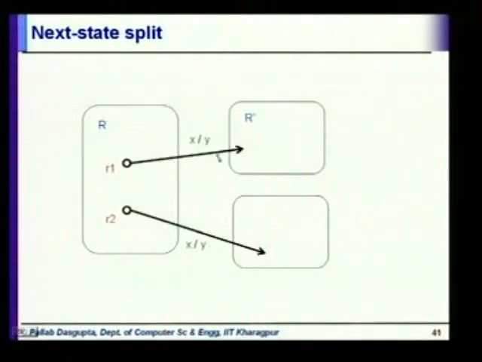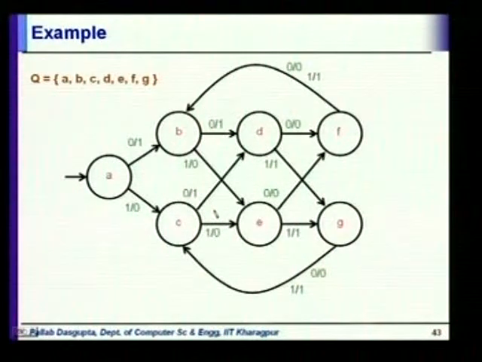So like this goes to this one, does not go to this one, so we are going to split this one up like this, right. So this is the algorithm that is used for state minimization, right. Now this is another example.